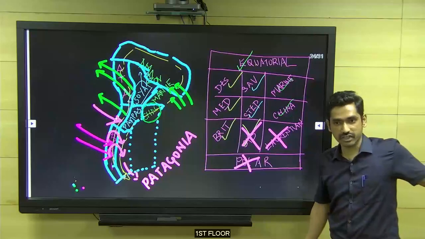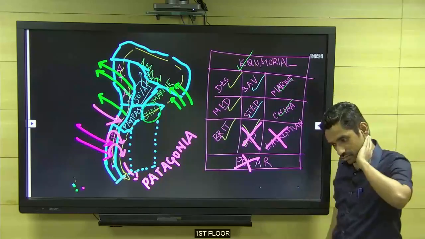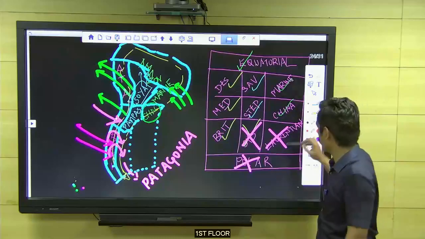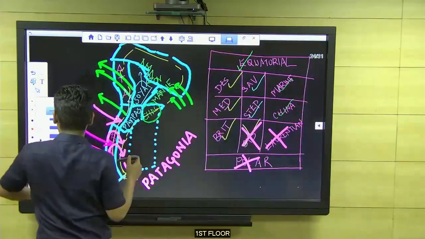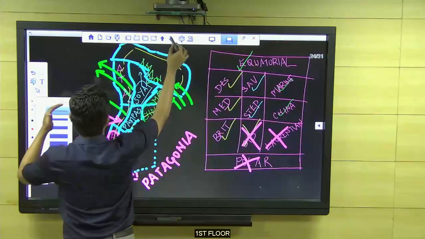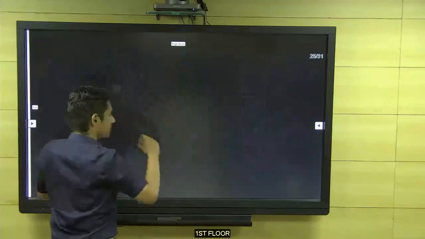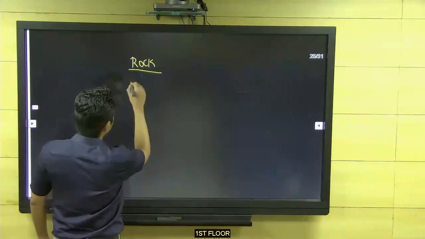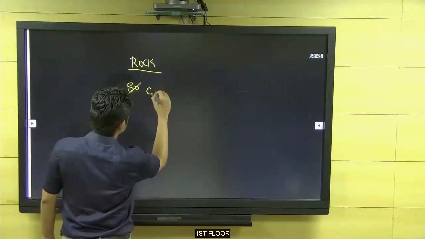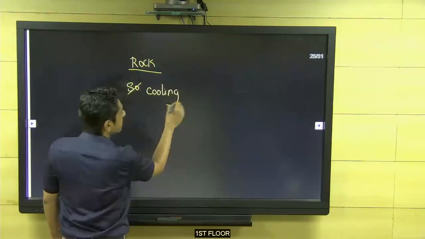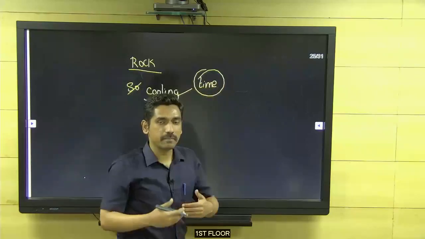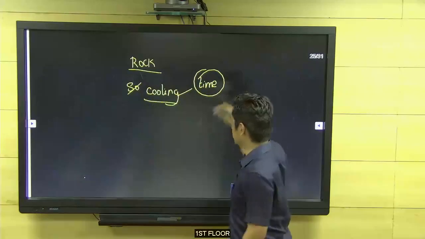Good evening, sir. Sir, regarding the grain structure in igneous rocks. Ma'am, it's very simple. I'll just tell the basic idea. Usually when a rock is formed, it's formed due to the cooling process. If you give enough time for cooling, you provide proper time for alignment of grains.